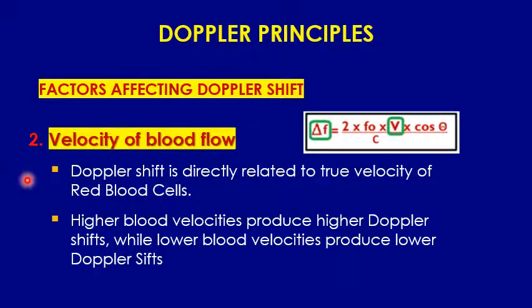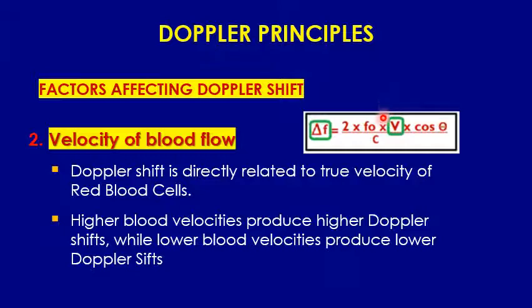The second factor directly related to the Doppler shift is the velocity of blood. As we see here, if I'm having a higher velocity, I will get a higher Doppler shift. So higher velocity, higher Doppler shift. Can I change it? Actually, no. The velocity of the blood is my question mark.